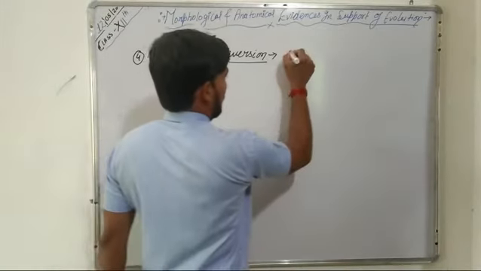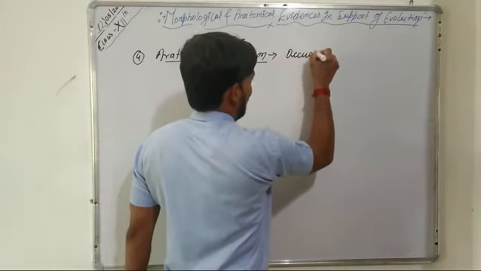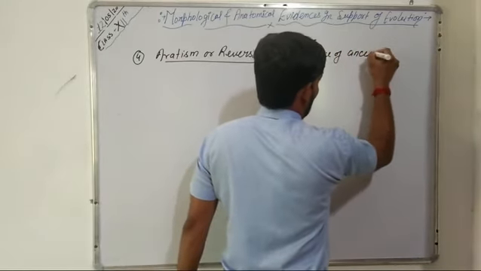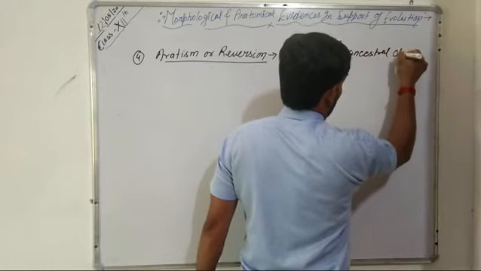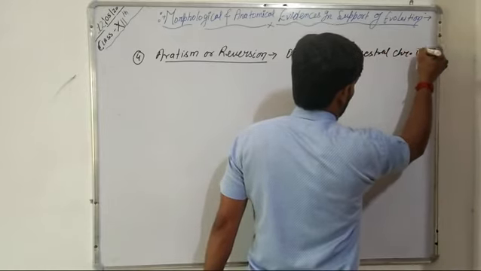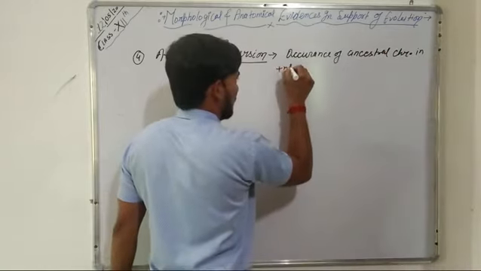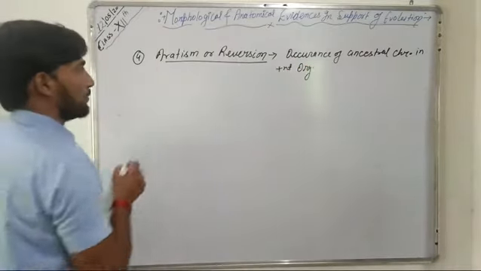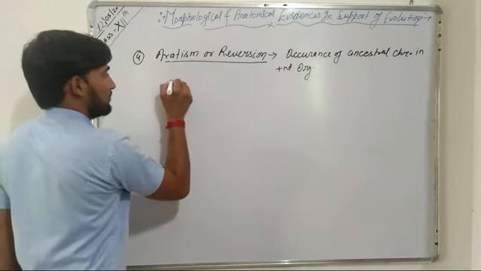Atavism is the occurrence of ancestral characters in the present organism. Now come to the examples of this reversion or atavism.